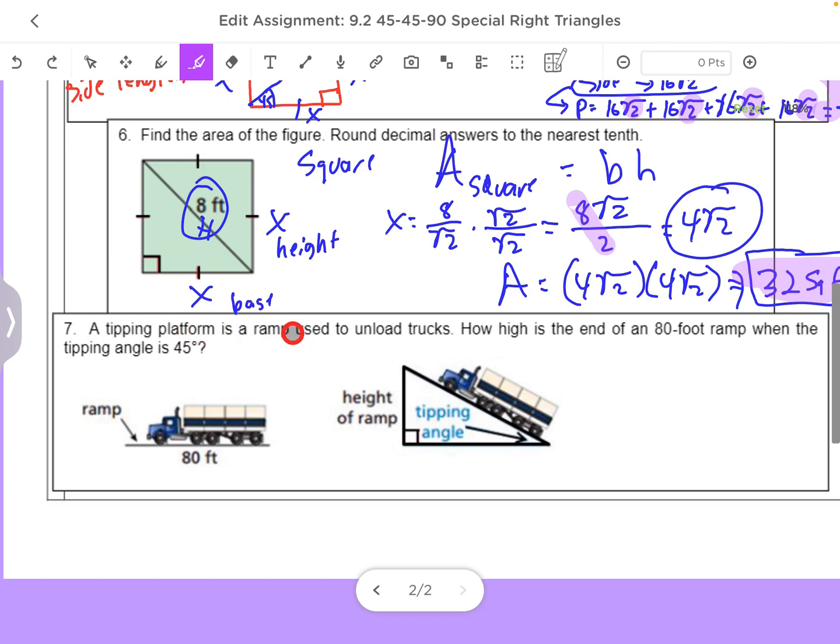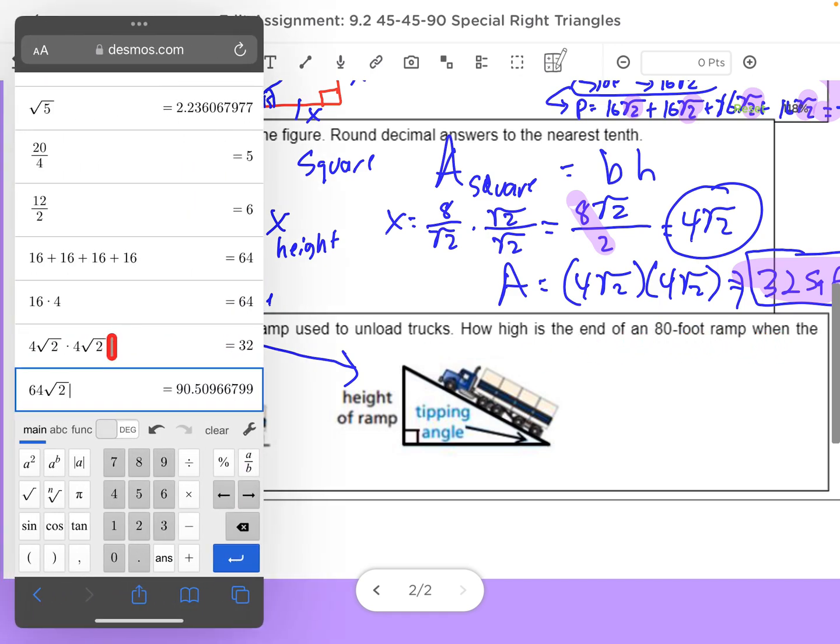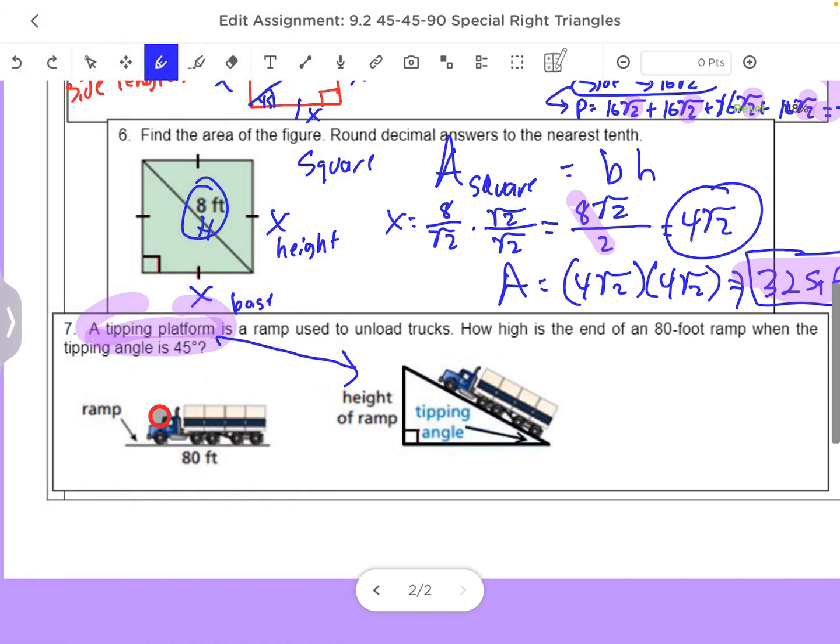A tipping flat platform is a ramp used to unload trucks. Okay, so this is a tipping platform. So it's a ramp used to unload this truck. How high is the end of an 80-foot ramp when the tipping angle is 45 degrees?